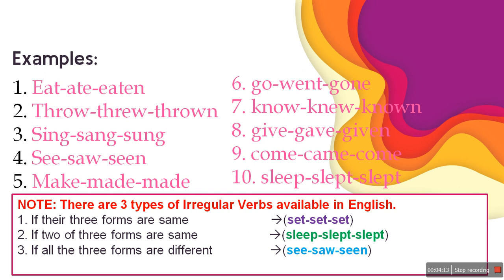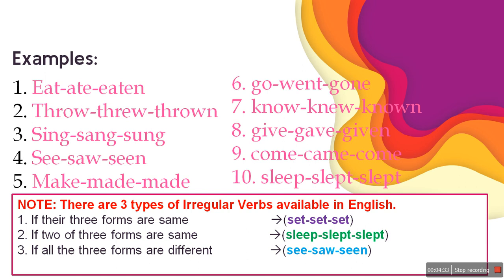Second case, if 2 of the 3 forms are same, if V2 and V3 both are same, they are called irregular verbs. Sleep, slept, slept. Example, slept V2, slept V3, both are same. So it's called what? Irregular verb.